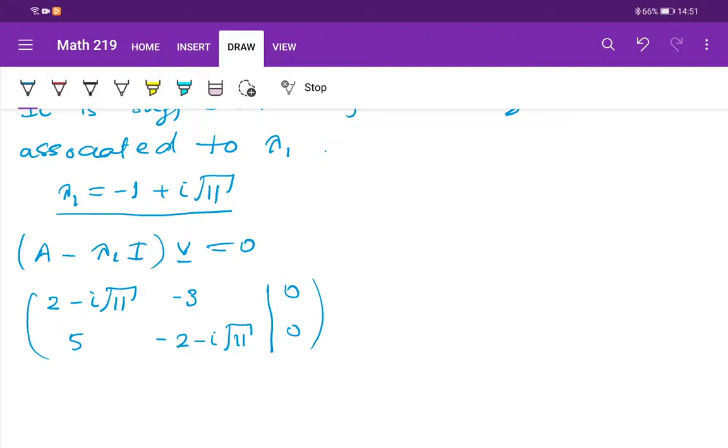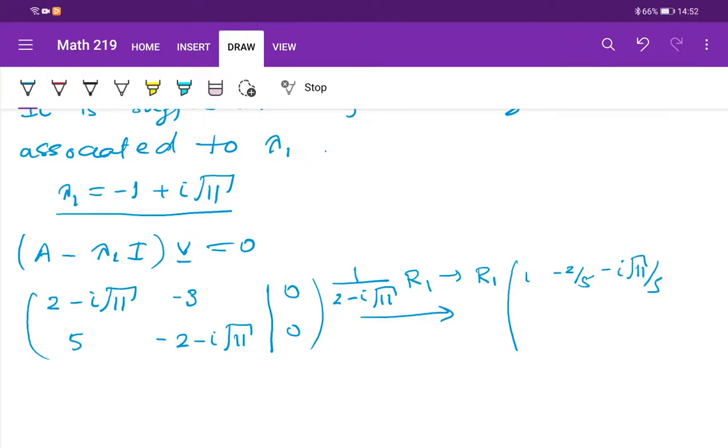So if we divide the first row by 2 minus i root 11, we'll get something like this. So this is 1, minus 2 over 5 minus i root 11 over 5, and 5, minus 2 minus i root 11. Okay, you can check this.